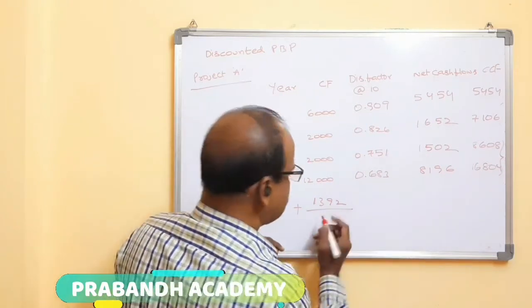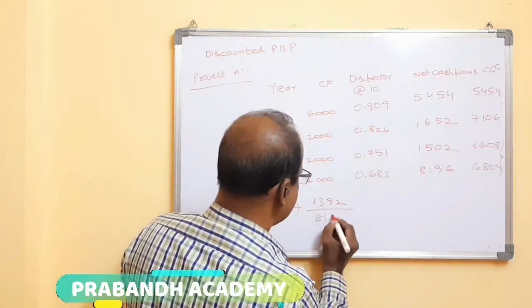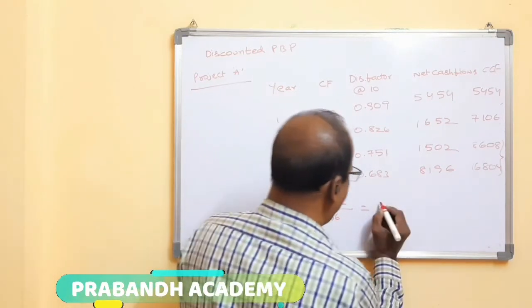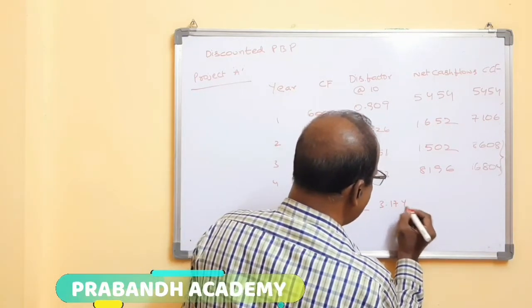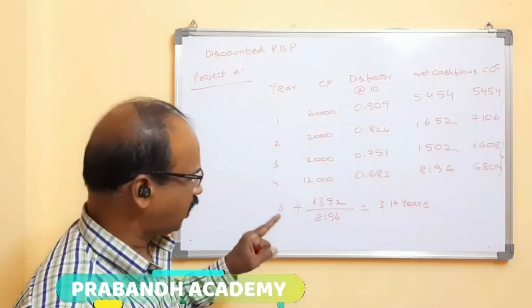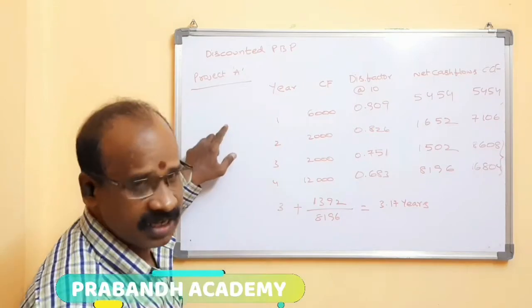Current year cash flow is 8,196. If you simplify this one, we get 3.17 years. So this is the discounted payback period for project A.